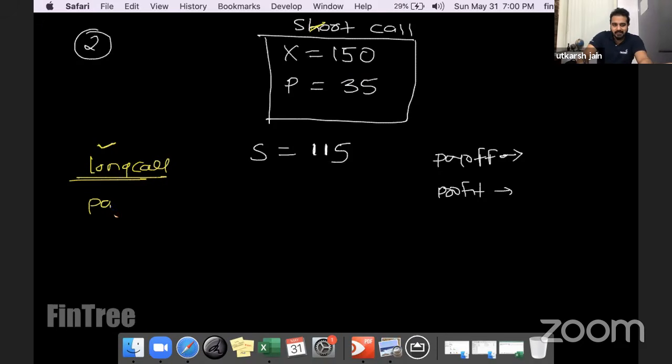When you do not exercise the option, the technical term we use is that the option is going to expire out of the money. When the answer is no, will I exercise? No, the option is out of the money. So what is the payoff? Payoff is zero, because the option is not being exercised. No one is really doing that transaction. But what is the loss to this guy?